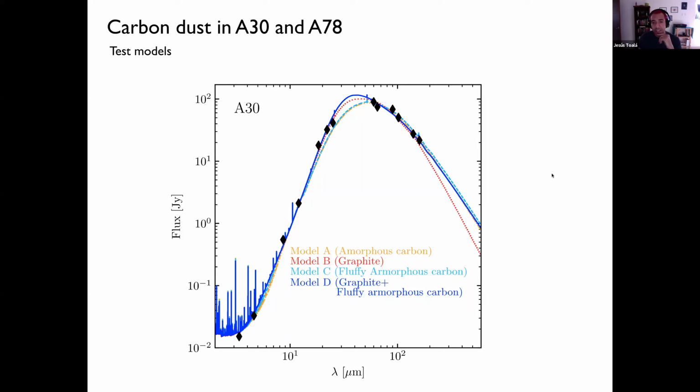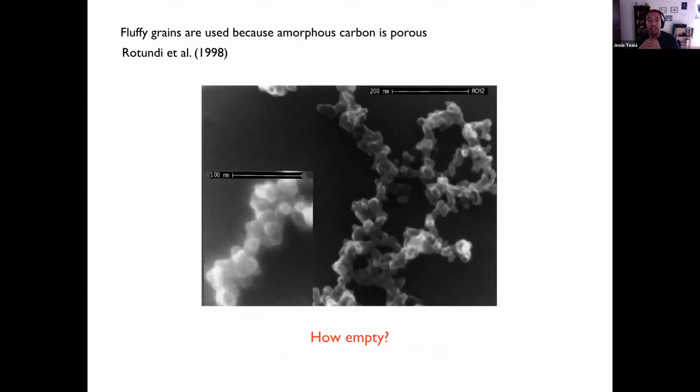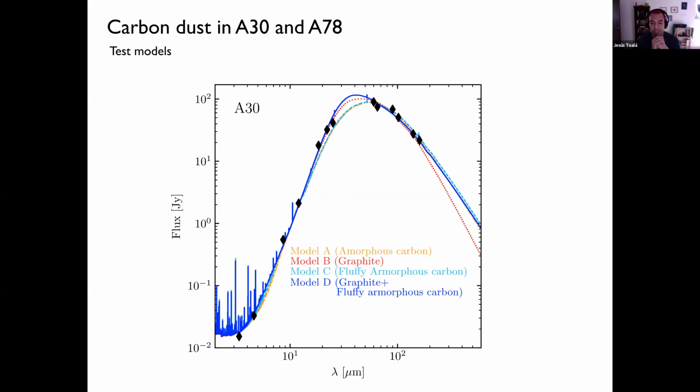Model C, which is the light blue, includes fluffy amorphous carbon. This is because we know that interstellar dust is not solid spheres and it has structure. But the question is how empty we should start including these effects in the dust. The answer is we don't know. So we started with a 50% emptiness, and this is the light blue line here.